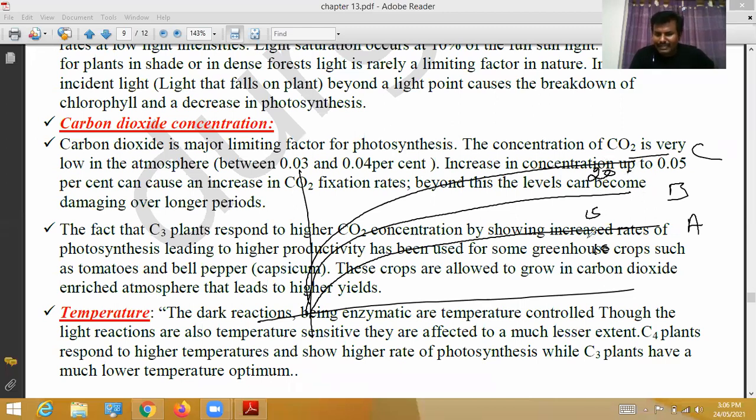Increase in concentration up to 0.05% can cause an increase in the carbon dioxide fixation rate.